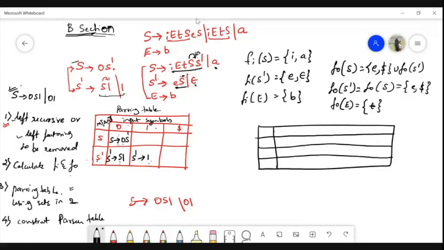So you have I, T, E, A, B, and a dollar. So you have here S, S dash, and E. Now consider the first set from S, I and A. So how do you derive I from S?